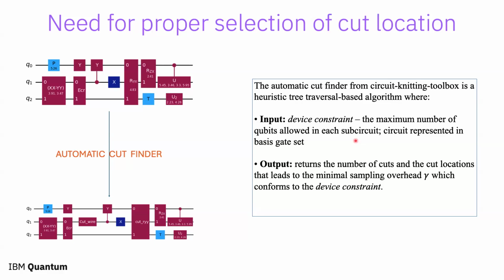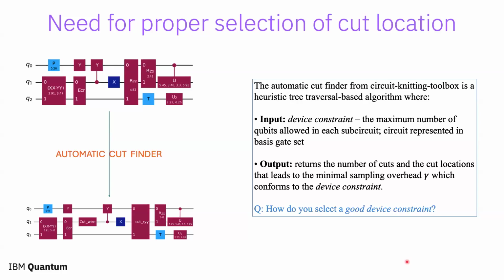If you give that, it will do a heuristic tree traversal with some pruning, alpha-beta pruning kind of things. Those of you who are from computer science will know these alpha-beta pruning things. And it returns those cuts. It can be both wire and gate cutting together, that leads to the minimum sampling overhead. That means the minimum number of circuit executions.